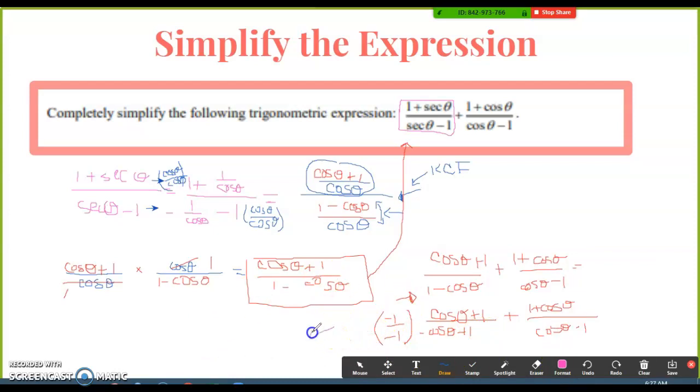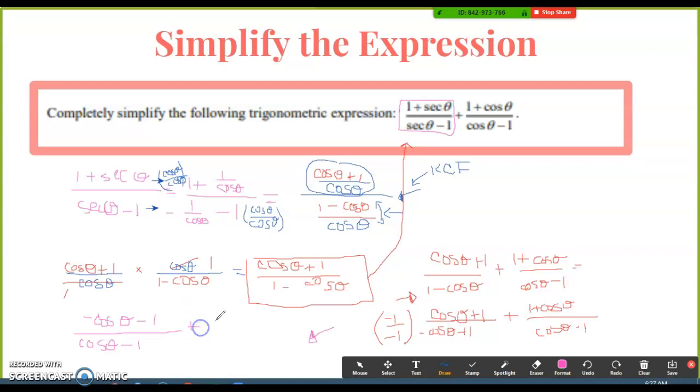So if I do that, I would end up with the first fraction being a negative cosine of theta minus 1 in the numerator, and it's over a cosine of theta minus 1.